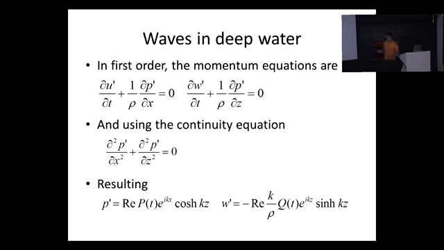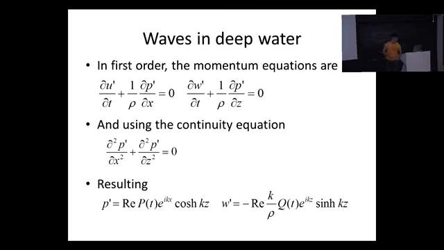Imagine when the water is static, U and W are 0. So I will increase a little bit the U and W, and likewise all the variables of the problem. So the momentum equations just simplify to these two equations. And combining these two equations with the continuity equation, I get this equation for P prime.